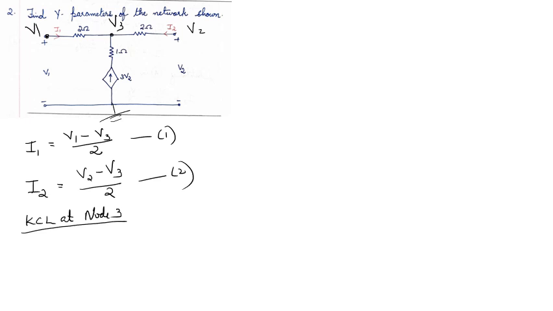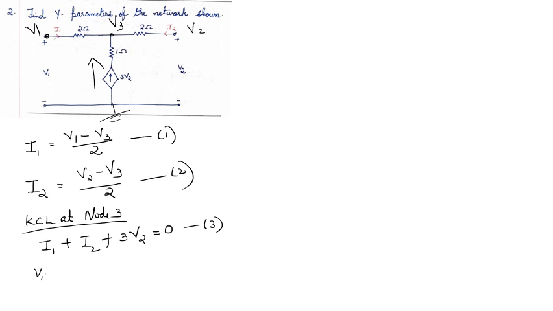Incoming currents are I1, I2, one more incoming current from this branch, which is 3V2, equal to 0. This is equation number 3. Now substitute the values for I1 and I2 from equations 1 and 2.